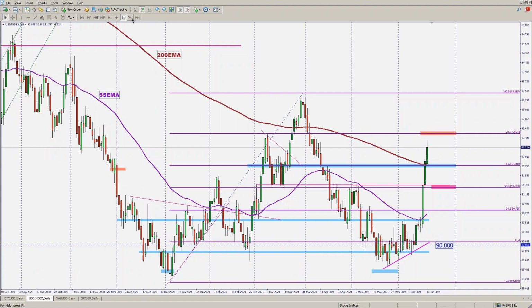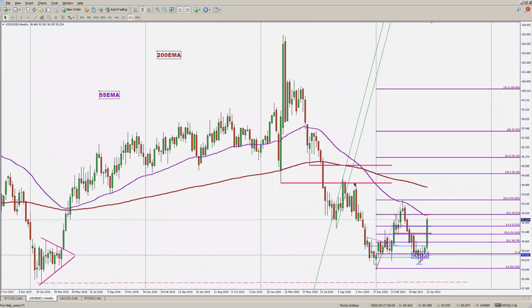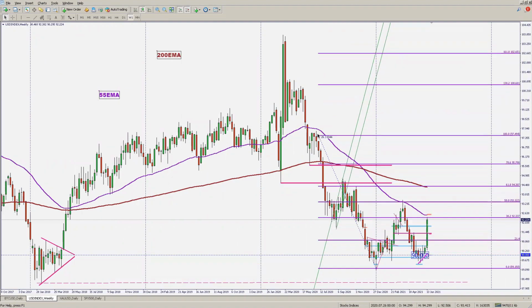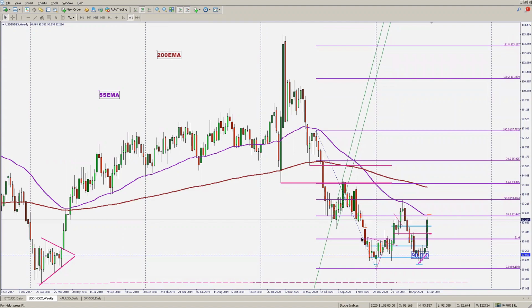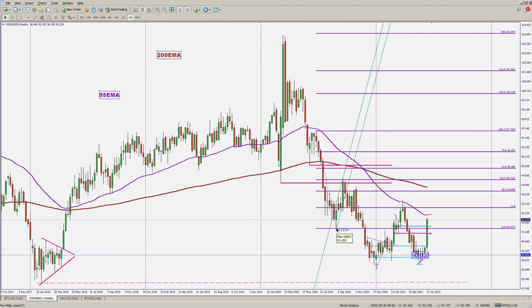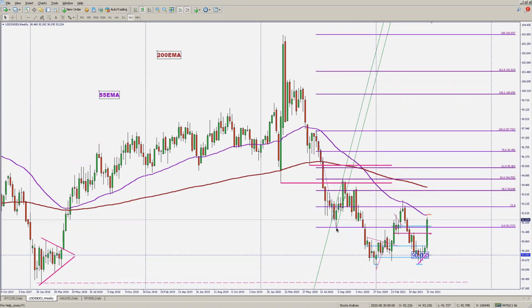Previously I had the Fibs coming up from this swing high down to this swing low, and that was the 100 Fib resistance zone previously.